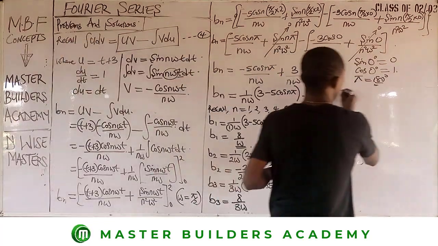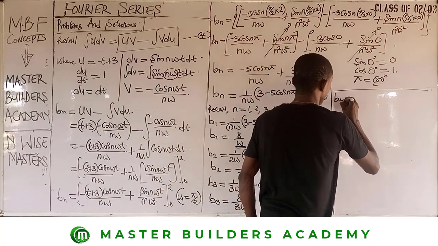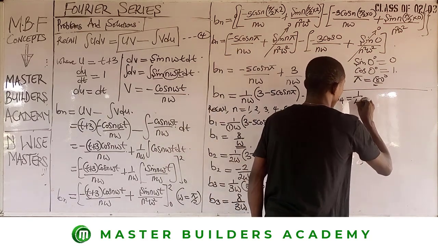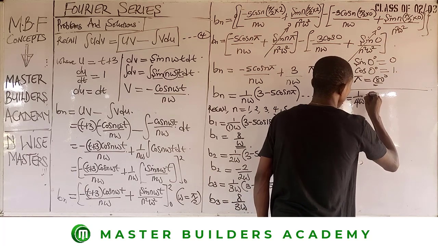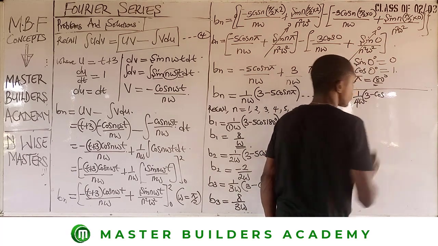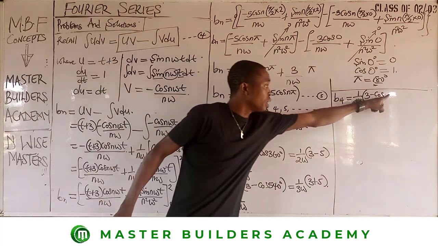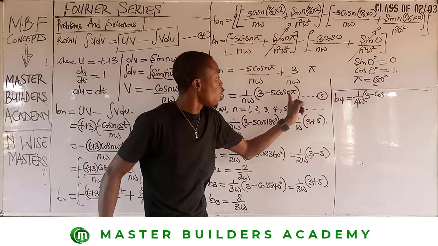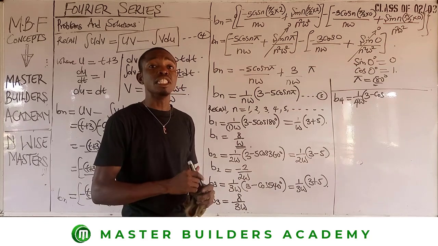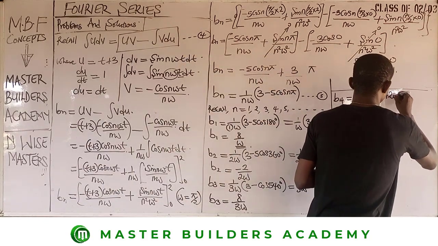As we move further to find the remaining 2, we now have b4. For b4, we now have 1 over 4w into 3 minus cos. Now, guys, what is the value here? The value here now will be what? 4 multiplied by 180 is equivalent to 720. Cos 720 degrees.